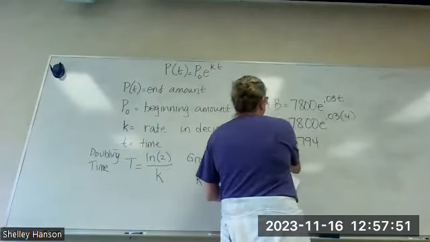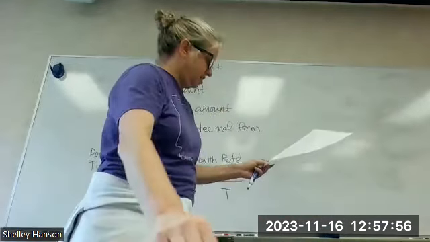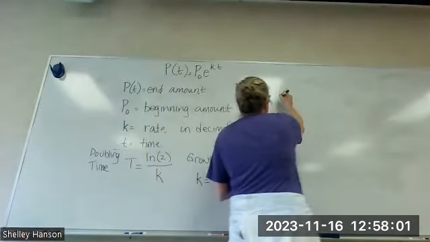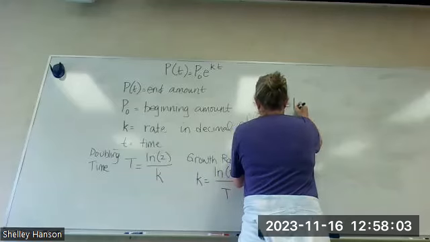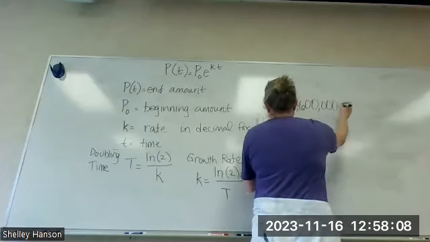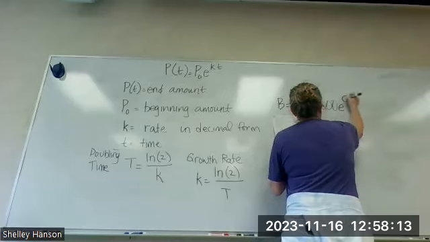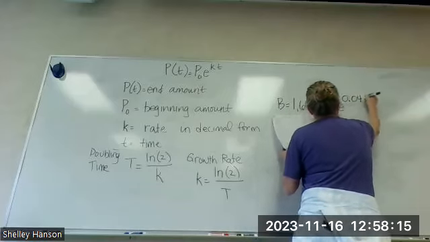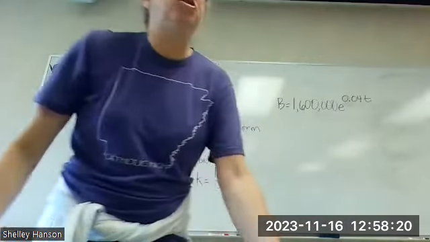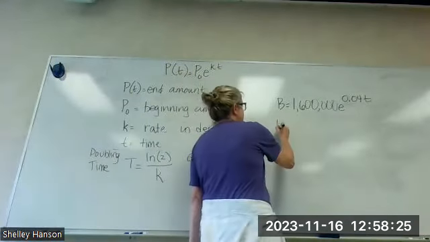So on number 5, the population of a small country increases according to the function B equals 1,600,000 E to the 0.04 T, and it wants to know how many people will the country have after 10 years. So just replace the T with a 10.